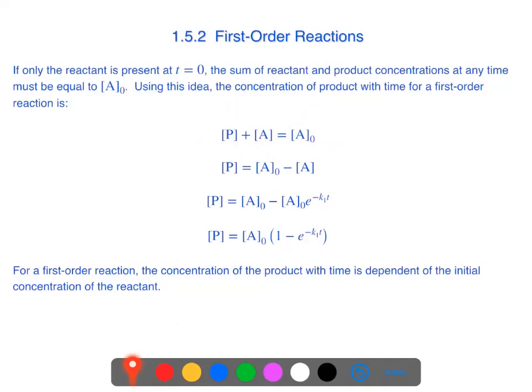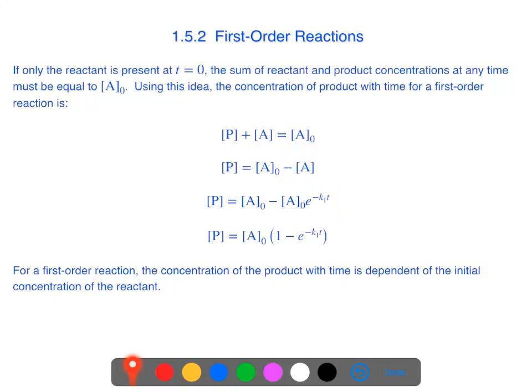Rearranging this expression, we end up with the product concentration equal to A naught minus A, and then we can carry out our substitution, where the exponential form for our first order integrated rate law, A is equal to A naught e to the minus K1t.